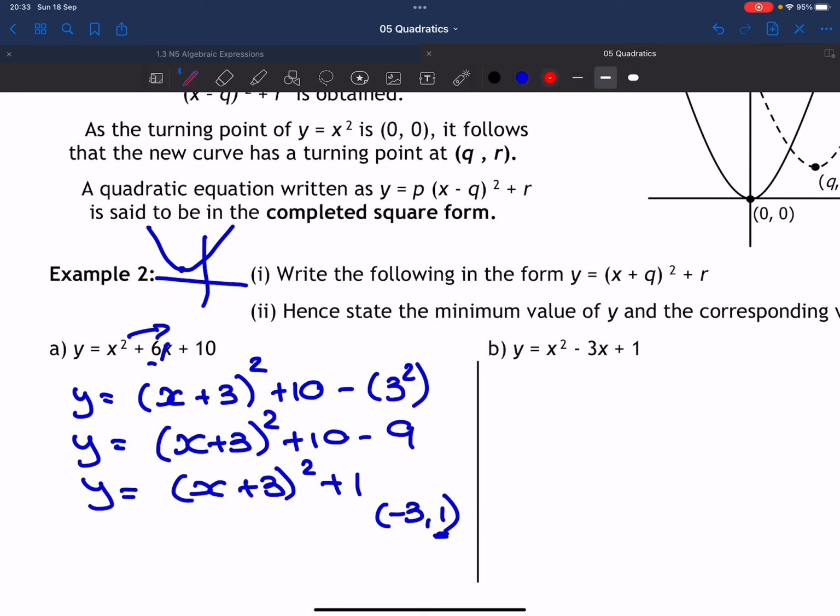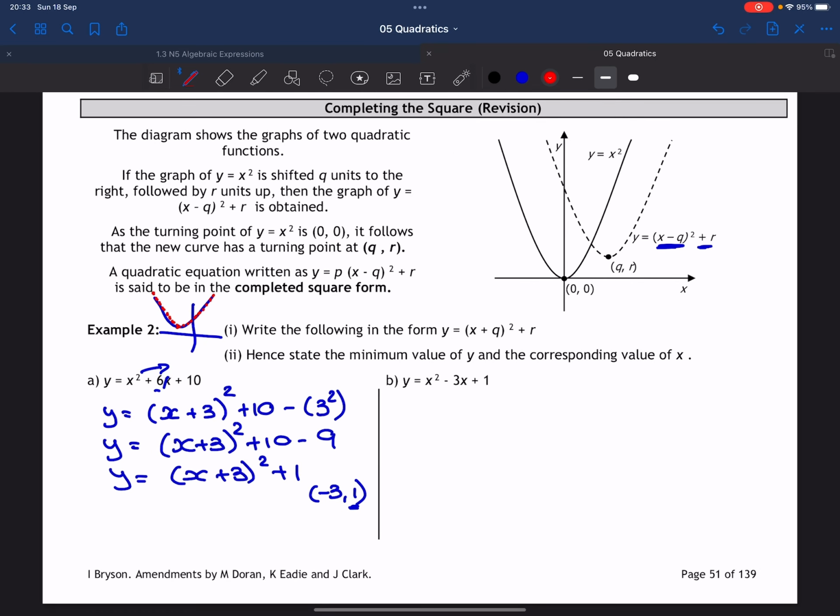It comes down as low as 1 whenever x is minus 3, but then after that the parabola turns and heads straight back up to positive infinity. So the minimum value is equal to 1. And when does that happen? That's when x is equal to negative 3.